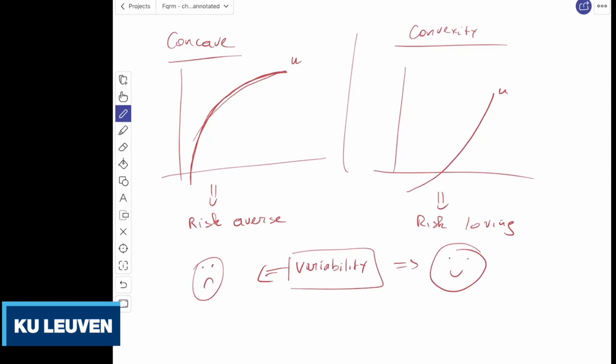And of course, the steeper your function is, it means that from the moment you start to lose money, you are very quickly decreasing your utility, meaning that you want to avoid that. So the steepness of your utility function, the second derivative, is a measure of how risk averse a decision maker is.